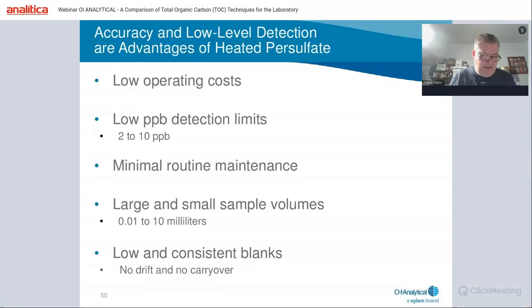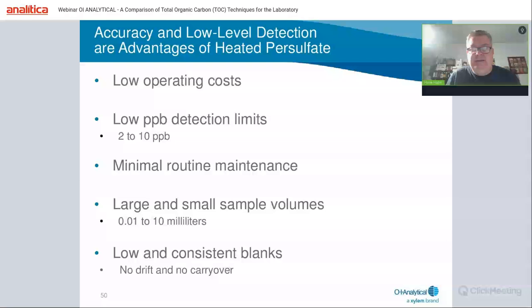The accuracy and low-level detection are advantages of heated persulfate. Lower operating costs, lower ppb detection limits. You can go down to very low limits. People report 2 to 4 ppb, but those are typically in really pristine, clean conditions.